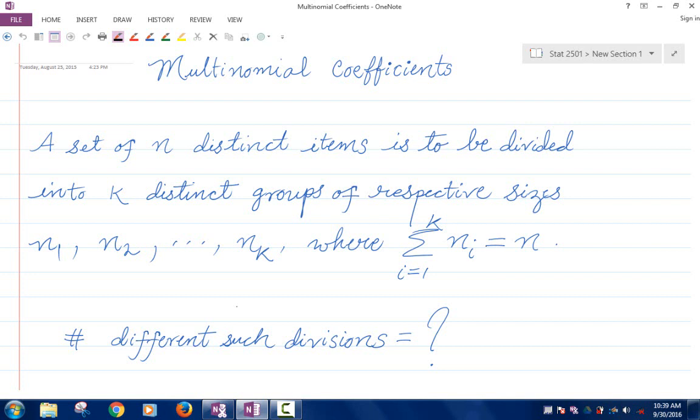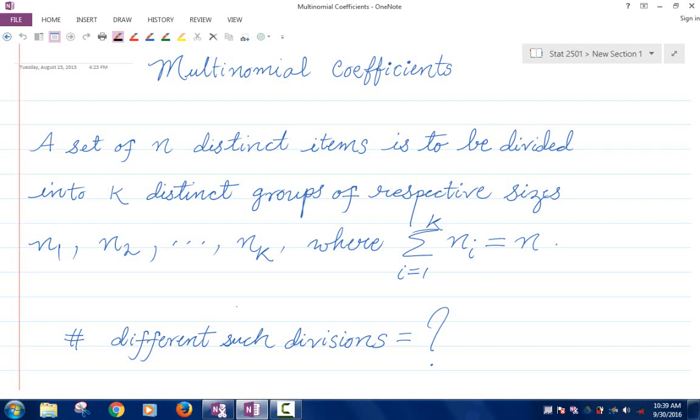Is the question clear to you guys? To make things simple, let's say I have 5 people, and I want to divide them into 2 groups of size 2 and 3.